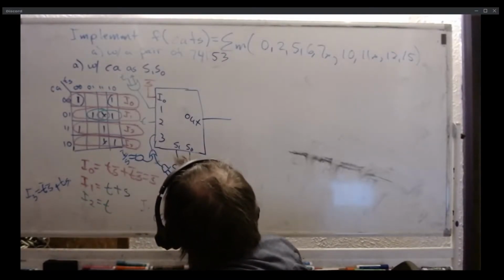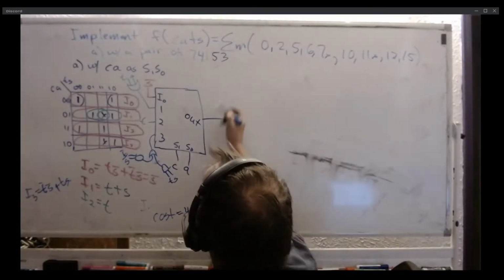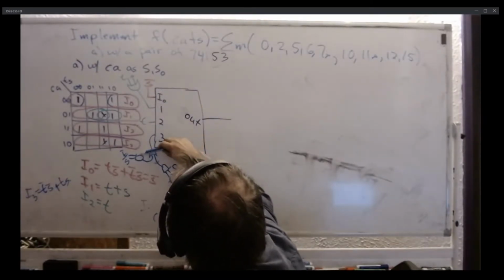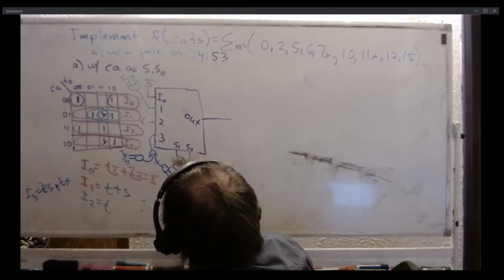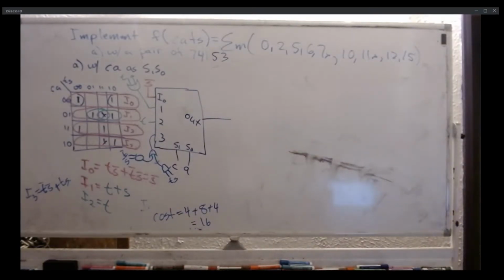How many gates? Looks like 1, 2, 3, 4. I get 4 gates. Is that what you guys get? Yes, because inverters do not count. I'm sorry? Inverters don't count. I would tell you if they do. In Lab 6, for instance, you specified that literals did count. Oh, inverters, my bad, did count.